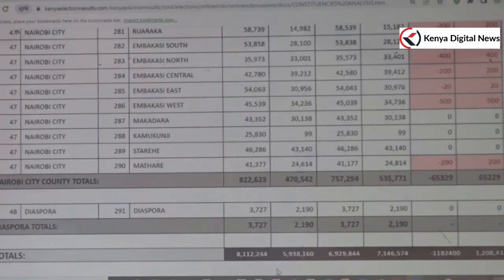So when you hear His Excellency the Prime Minister saying, I have been having 1.8, and Dr. Ruto, he has been saying, has been having 5.9 million votes, this is the breakdown in the constituency format, so that you can easily track it. Because looking at it on the value is confusing, that everybody else would be asking, where are those values coming from?